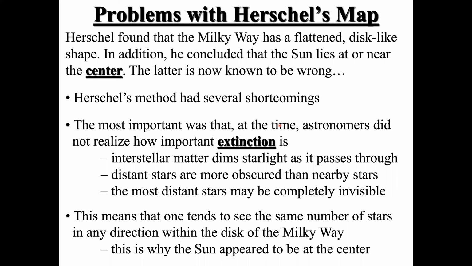The interstellar matter in the galaxy will obscure or dim the light as it passes through, because when there is a lot of dust in the interstellar matter, these dust particles absorb some of the light coming from these stars.